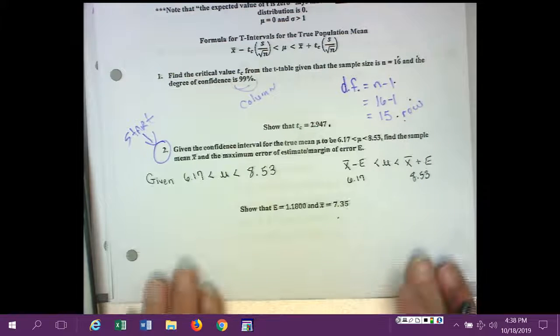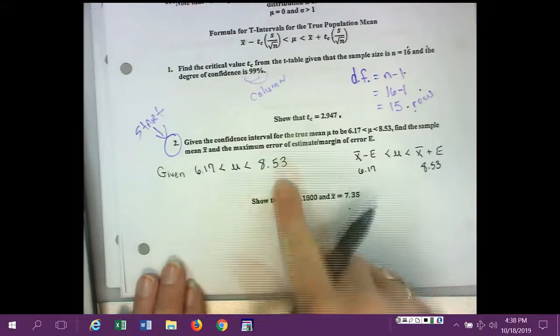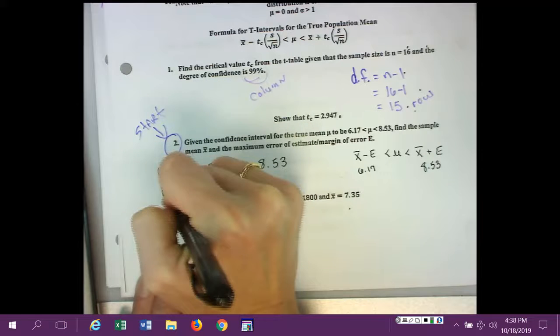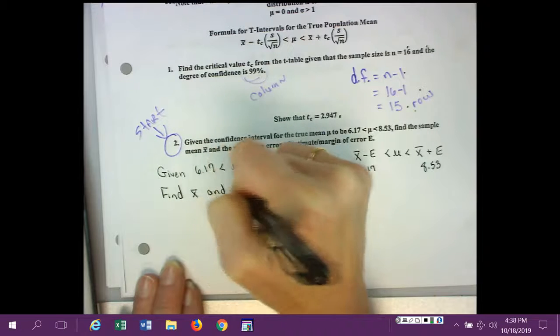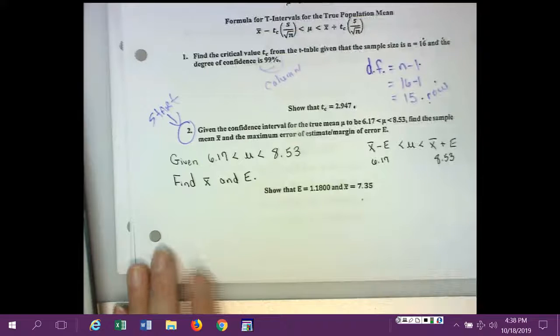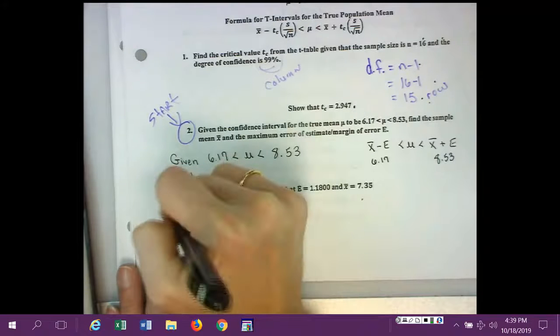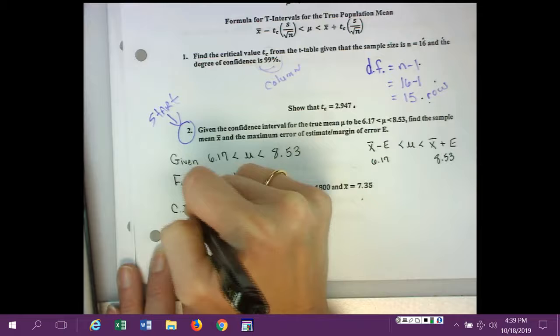Since we know our confidence interval, and they ask us to find x bar and E, one thing, if you remember, that you could do is find the confidence interval width.